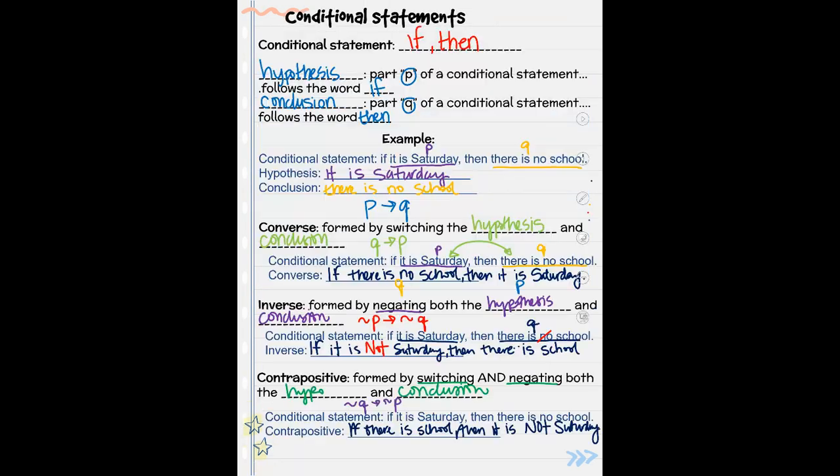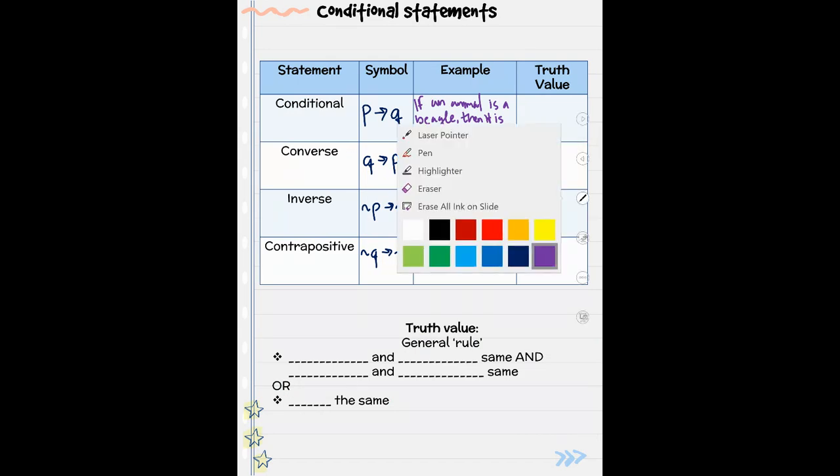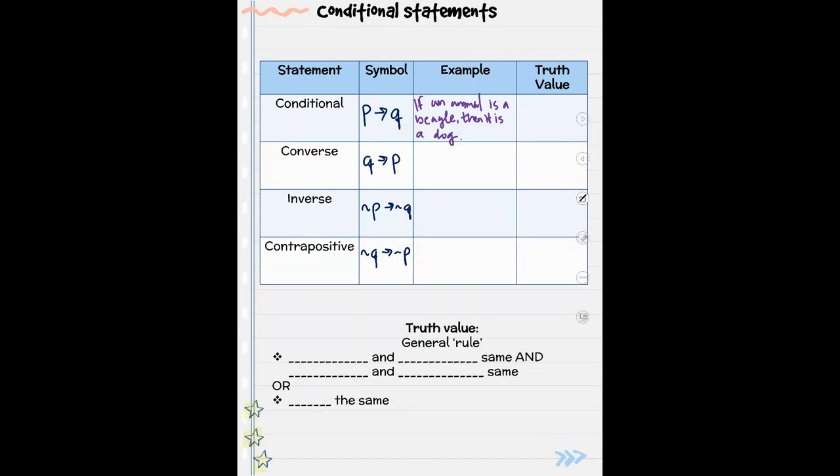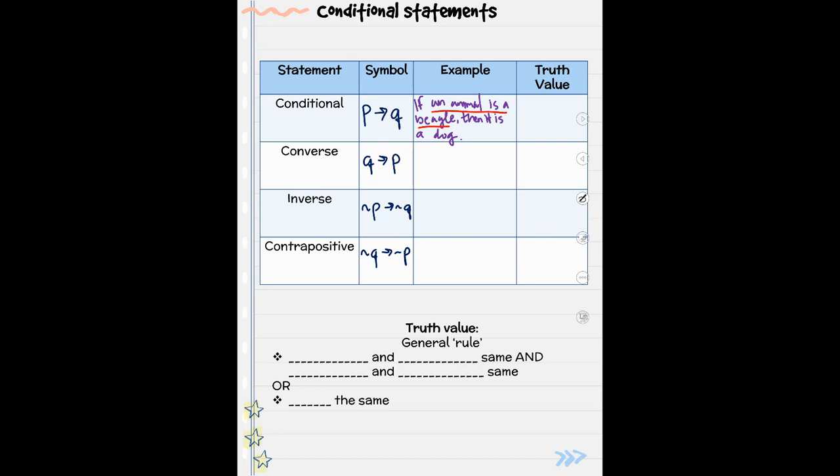Okay, let's identify our hypothesis and our conclusion. So let's highlight our hypothesis in red. Anything that follows the if. An animal is a beagle. Okay? Conclusion. And everything after then. It is a dog.